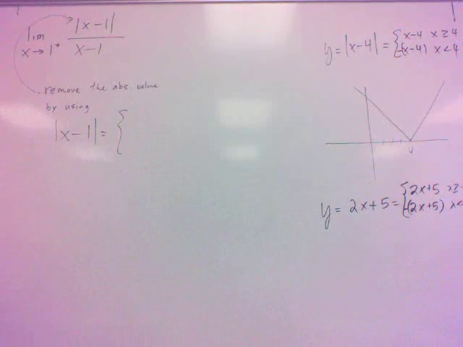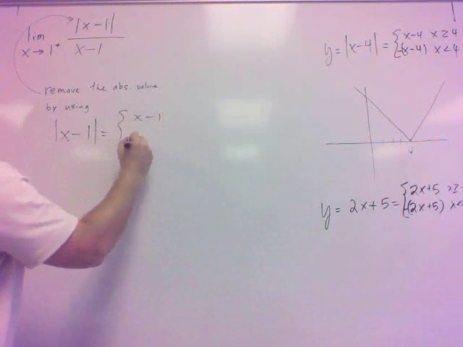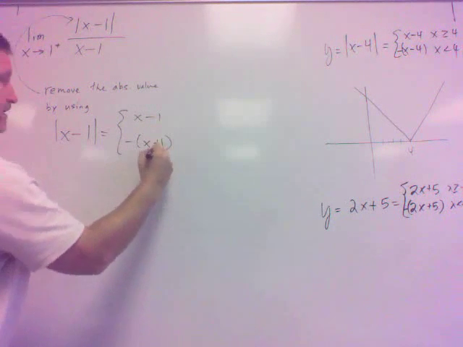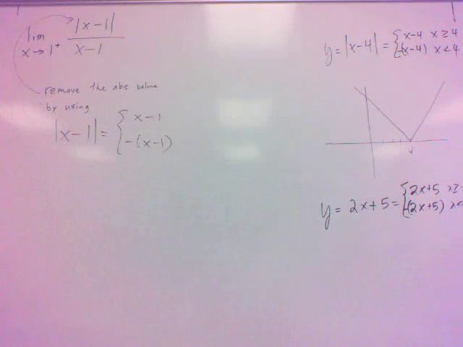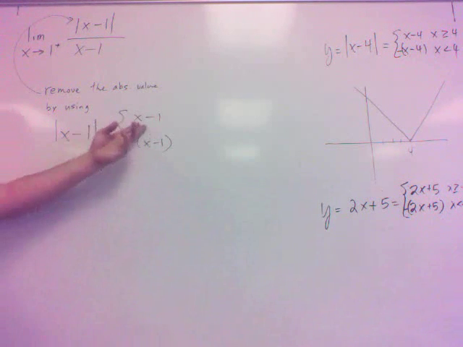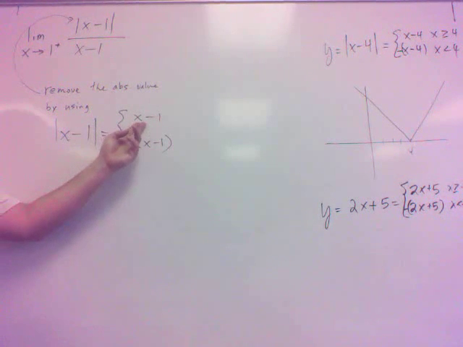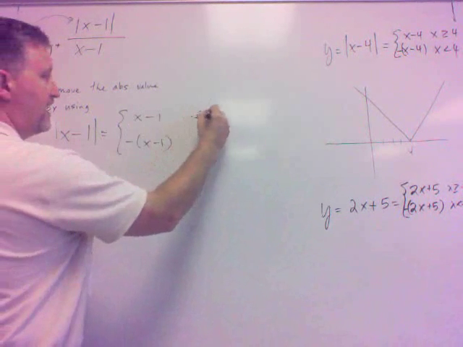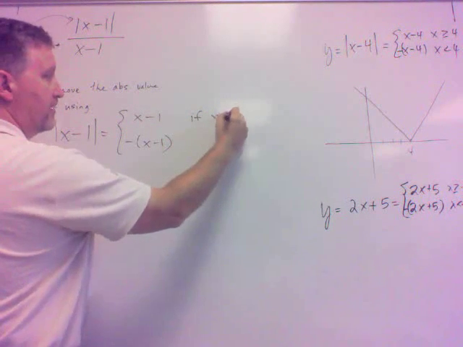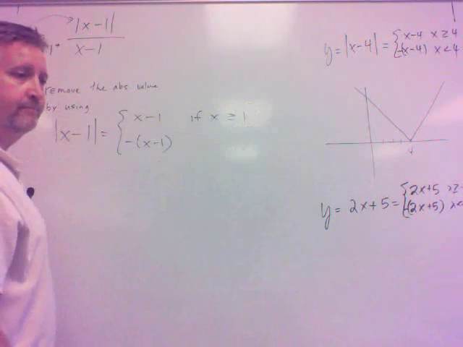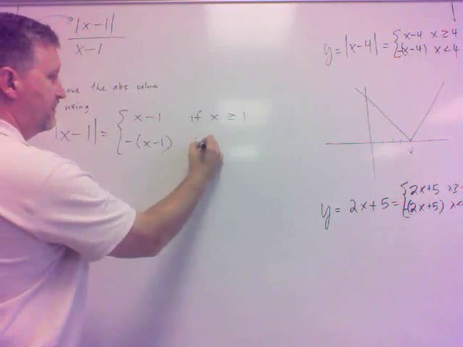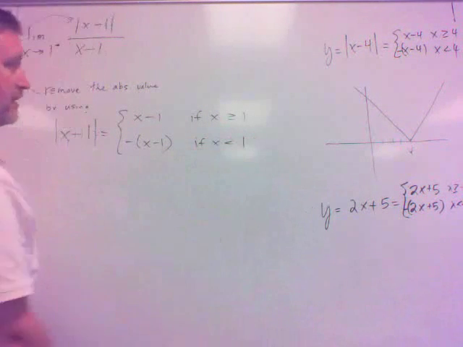Because on either side, the absolute value of x minus 1 is either x minus 1 or it's minus x minus 1. That's my two options. Now, I use this option if x is greater than or equal to 1, right? And I use this option if x is less than 1.